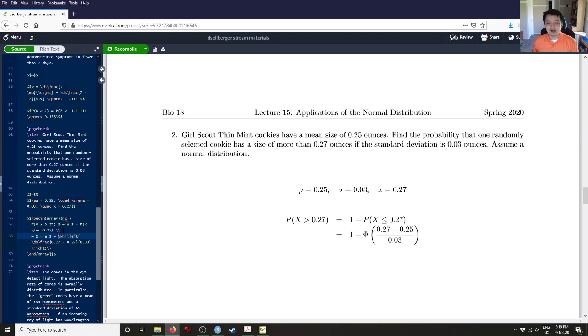Again, what capital phi does is it's a way to represent that we want to calculate the probability, that area under the curve. That will be the blue shaded area when I bring up the diagram.